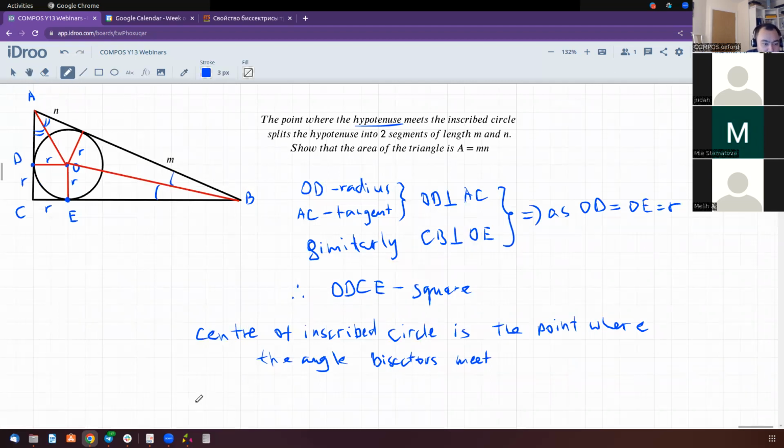Right, so angle FBO is congruent, technically, to angle EBO. Congruent. And therefore, triangle OBF.